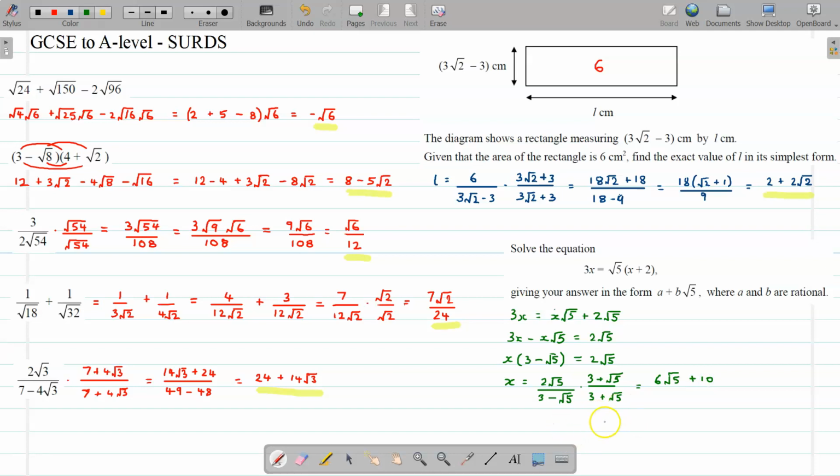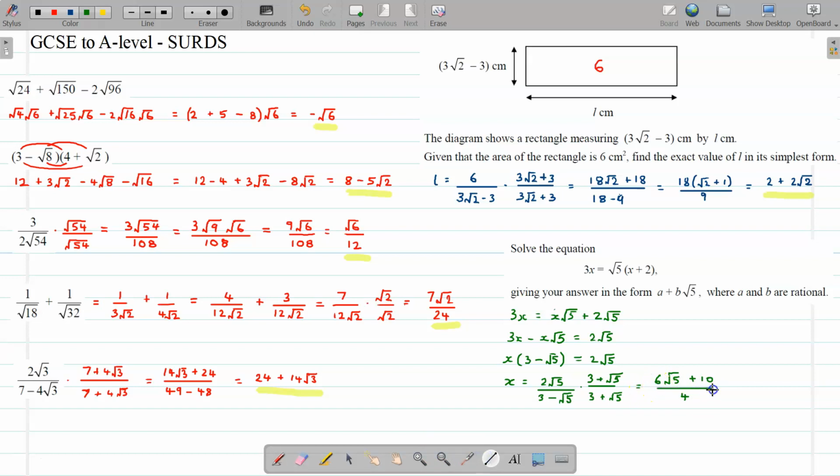Then on the denominator, the first term gives us 9, 3 times 3. The outer term and inner term are 3 root 5 times minus 3 root 5, which is 0, as we expected. And the last term is minus root 5 times root 5, which is minus 5. So I've got 9 minus 5, which is 4 on the denominator.